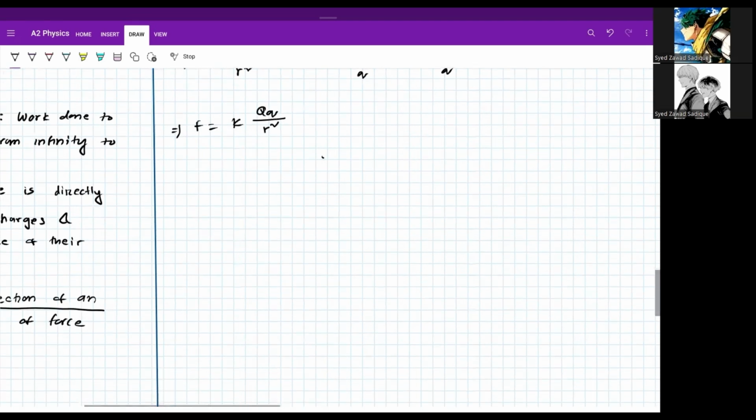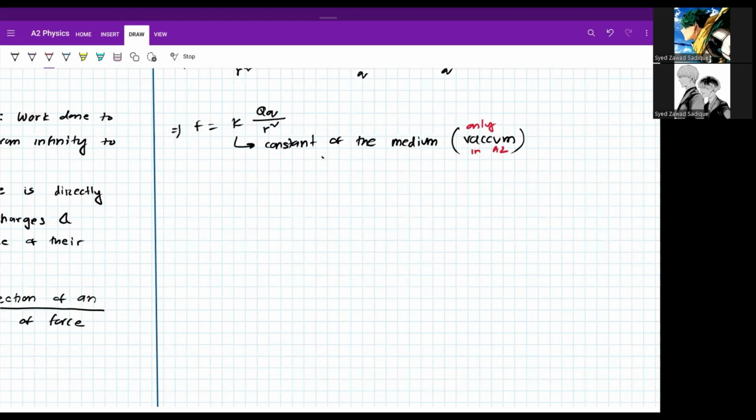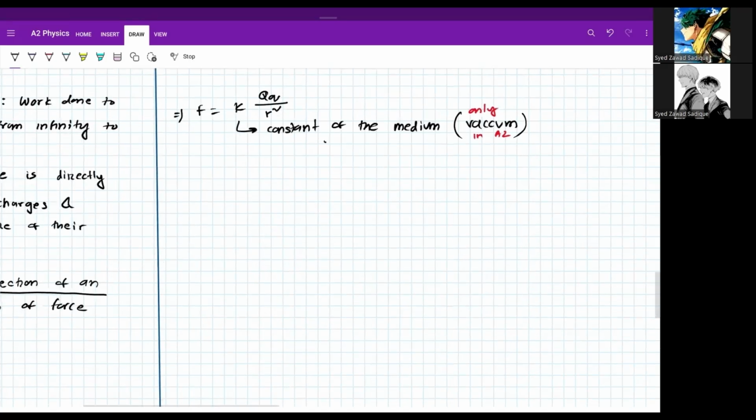This k is the constant of the medium. In A2, we only work with vacuum.